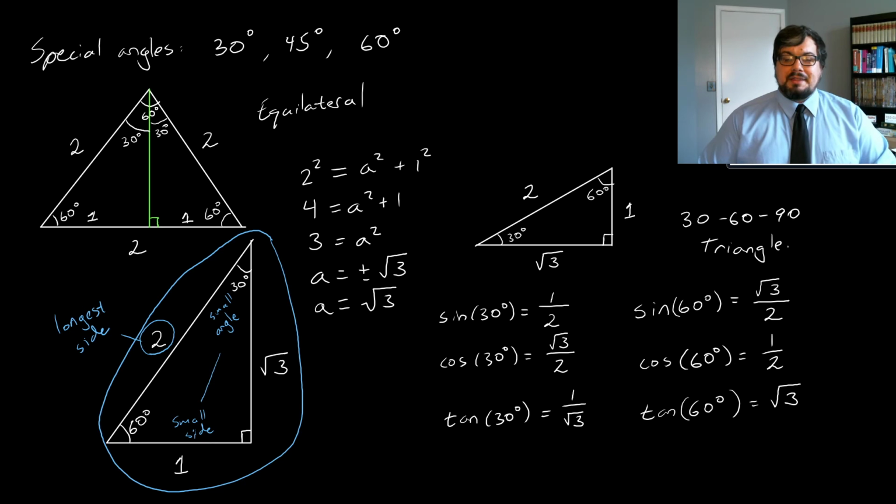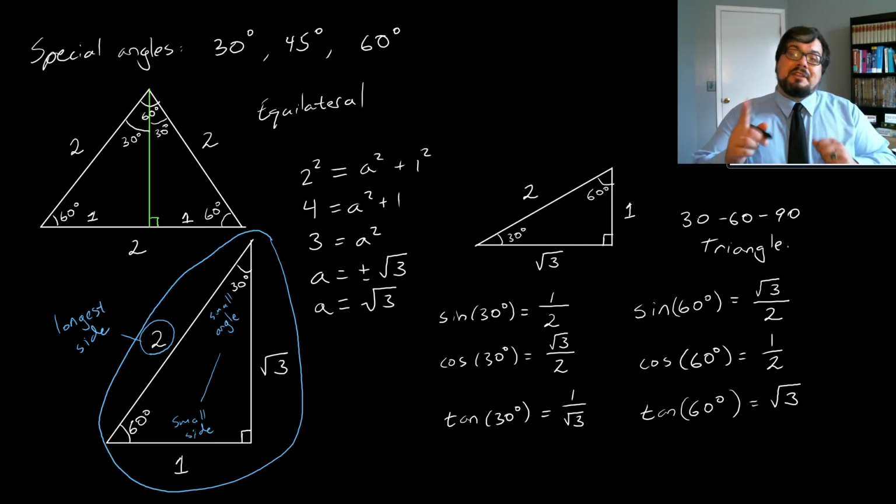So these are the values that you need to be able to find quickly for the angles of 30 degrees and 60 degrees. Now, I don't memorize sine of 30 degrees, cosine of 30 degrees, tangent of 30 degrees, and all the rest for 60 degrees also.